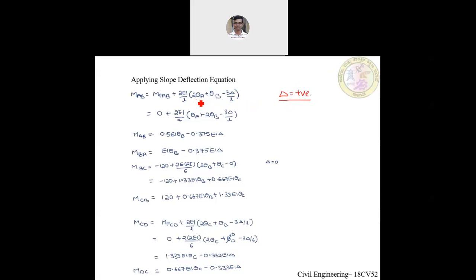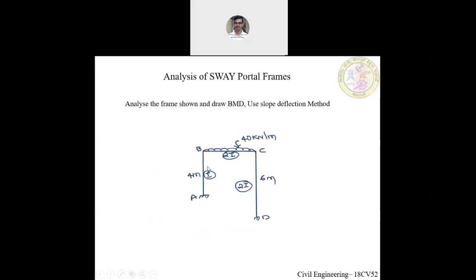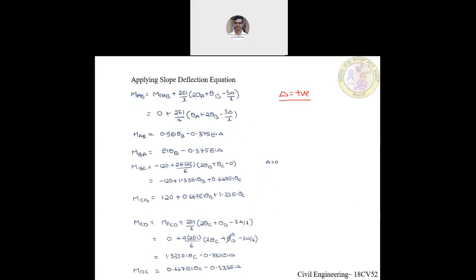And theta A we will be substituting as 0, as end A is fixed and end D is also fixed. So theta A and theta D are 0, and the fixed end moment is also 0. On simplification we get MAB is equal to 0.5 EI theta B minus 0.375 EI delta.